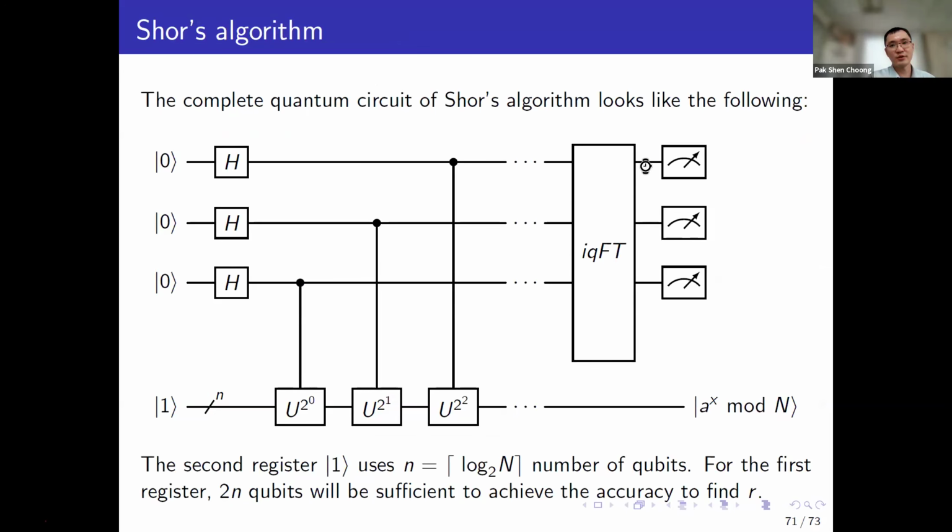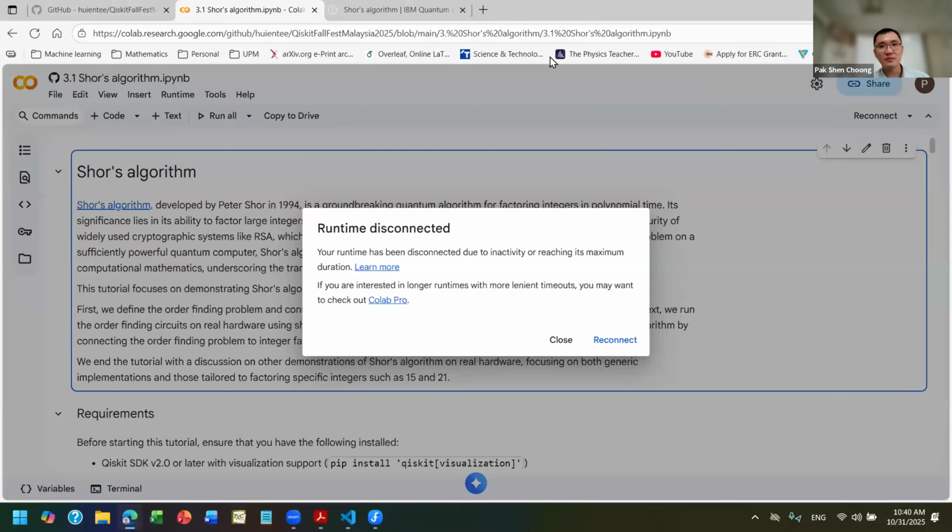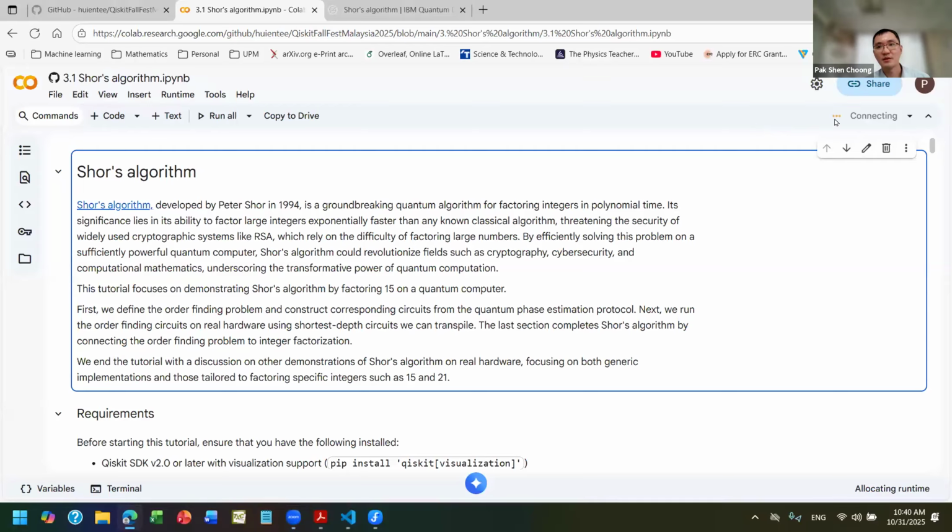So this is where I will go to the module for Shor's algorithm, which I modified from the IBM version.